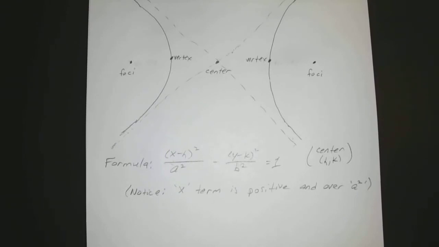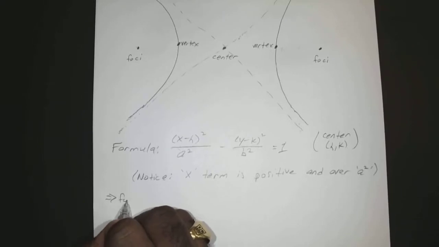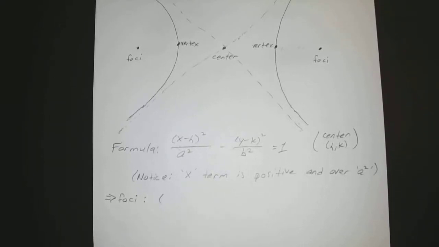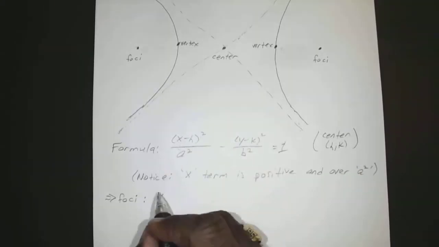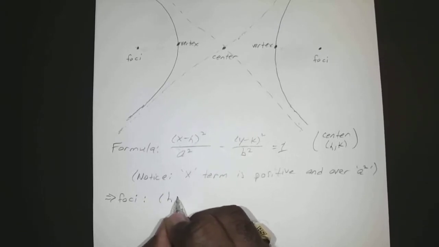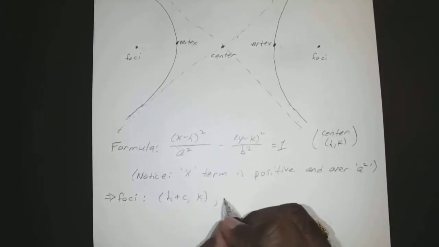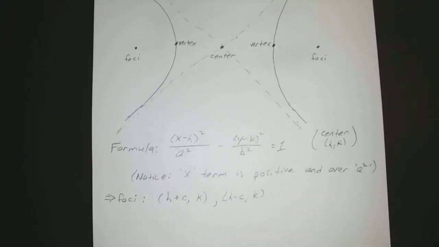Okay. Now the formula for the focus points is going to be, when you're starting from your center, h plus c, k and h minus c, k. Okay.